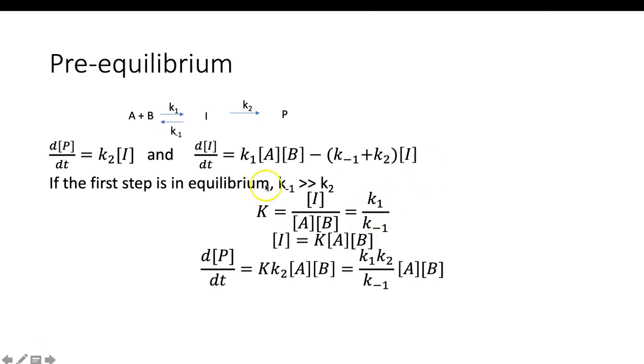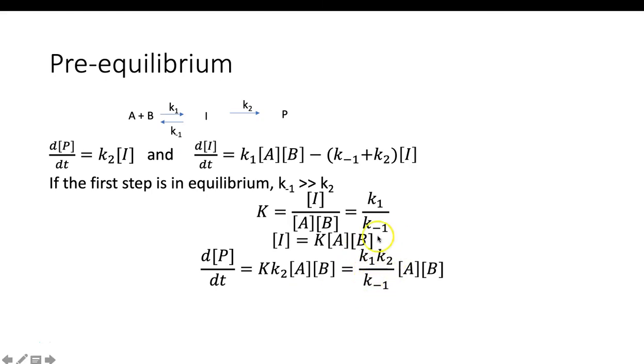And we can substitute that in for I in our differential with respect to the product, our rate of appearance of product. And so we end up with this equilibrium constant times K2 and then A times B. So it's still related to our reactants initially.